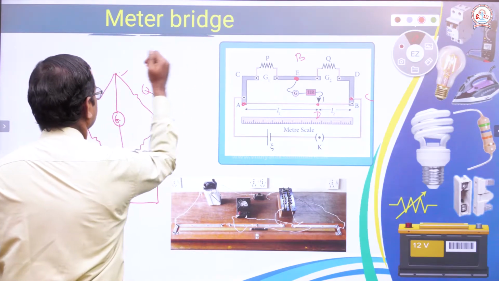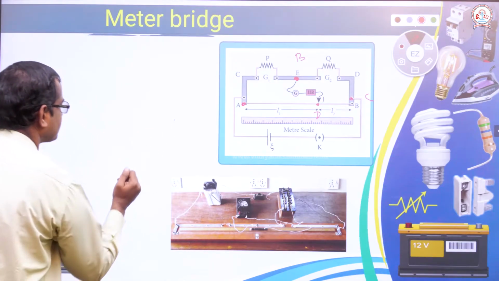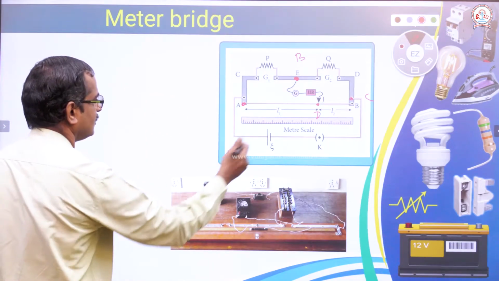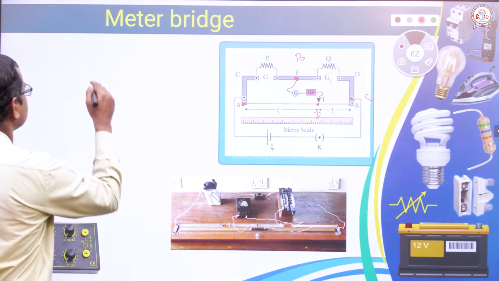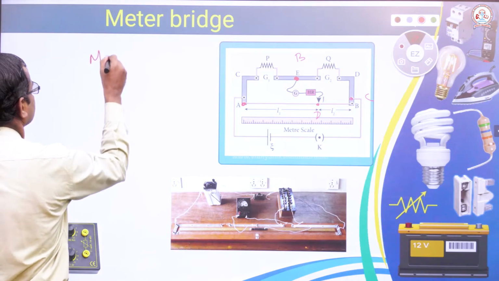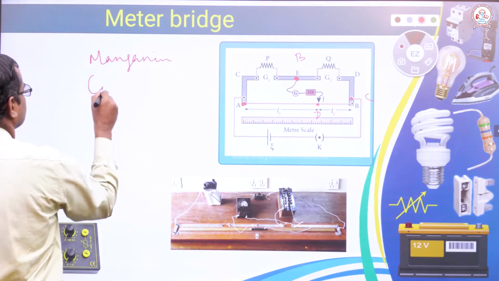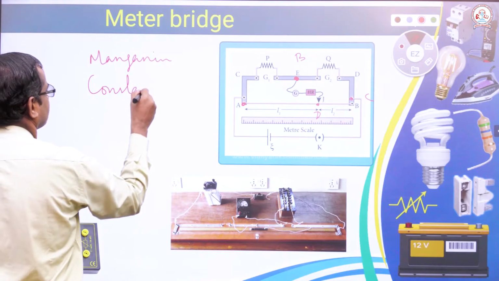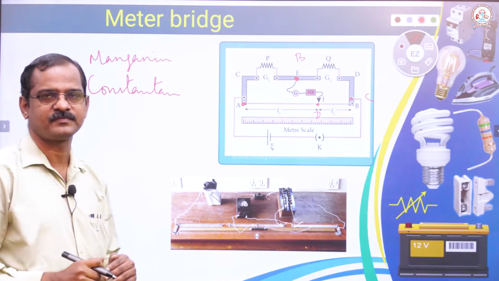Actually, in the meter bridge and in the potentiometer, we are using manganin or constantan. These two are alloys.